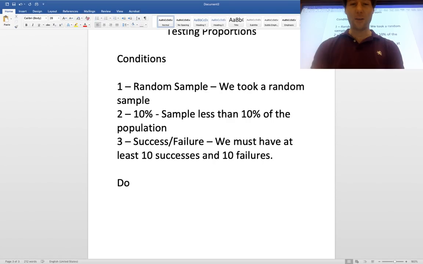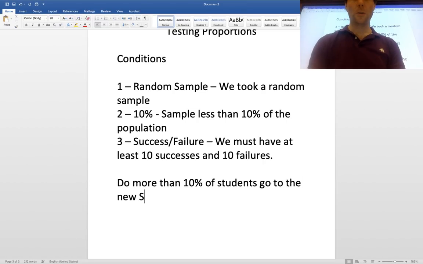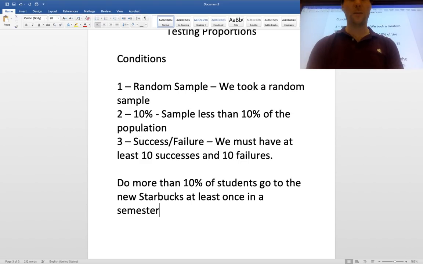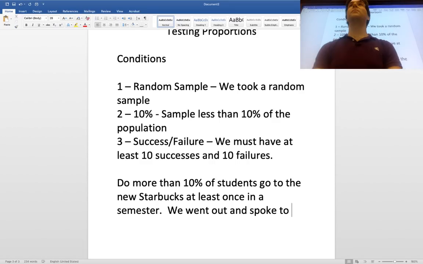Do more than 10% of students go to the new Starbucks at least once in a semester? We went out and spoke to how many students? 100, nice number, right? 100 students.